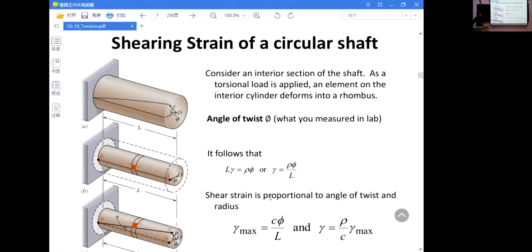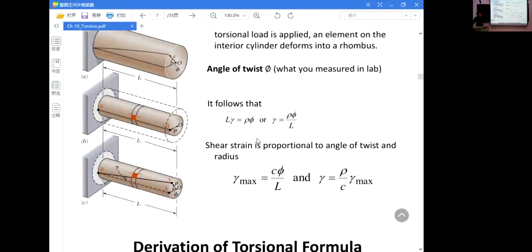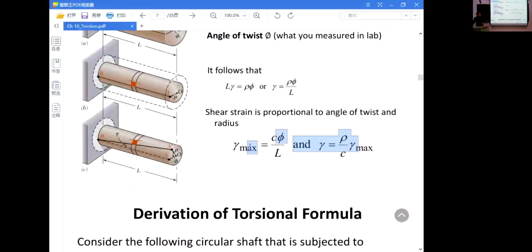The shear strain is proportional to the angle of twist and also to the radius. Rho actually is the radius. Its max is the maximum shear strain.